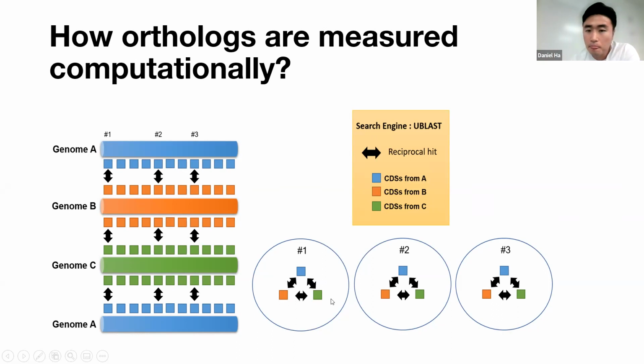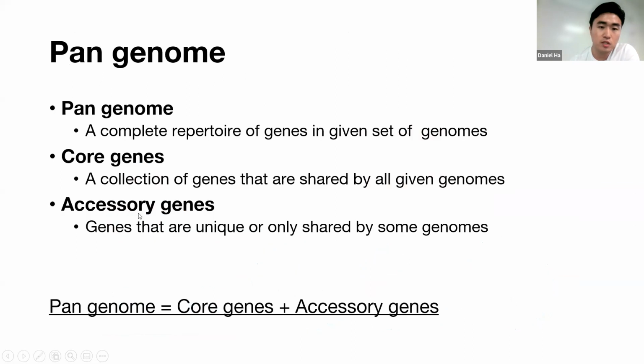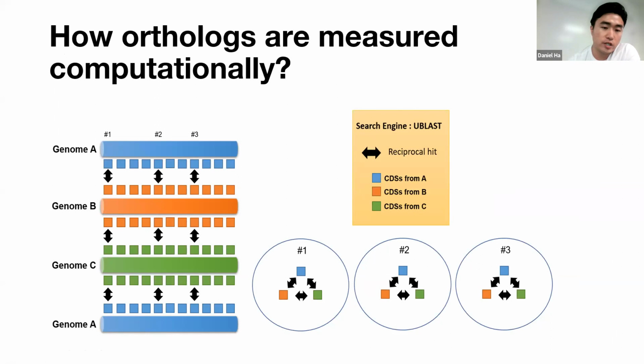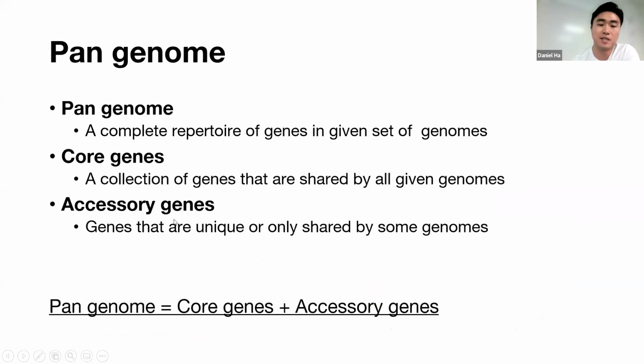So let's say we compared these three genomes. If we found specific genes that are shared among these three genomes, we call them core genes. Whereas if certain genes are not shared and are present uniquely in genome B, we can call them accessory genes.